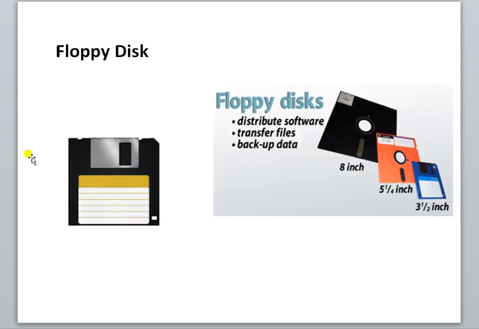First one is floppy disk. This floppy disk is a thin and flexible disk whose size is 3.5 inches. See here, you can see the size. Here are different sizes of floppy disk, and this floppy disk can hold 2.88 megabyte of data, which is very less.